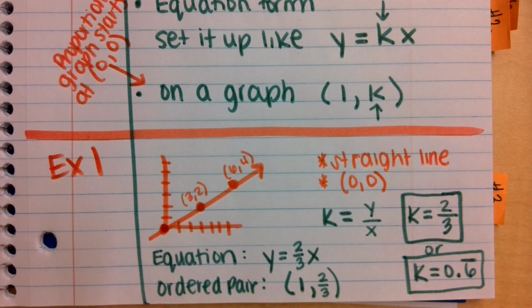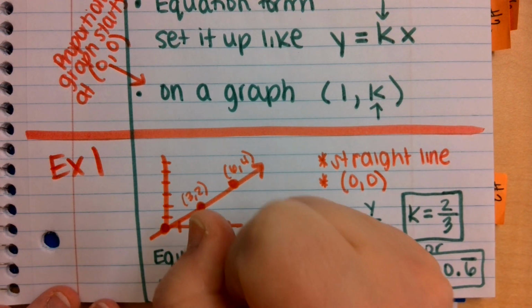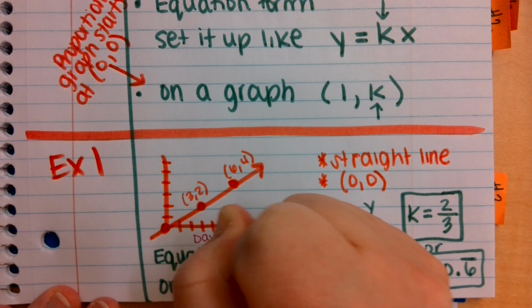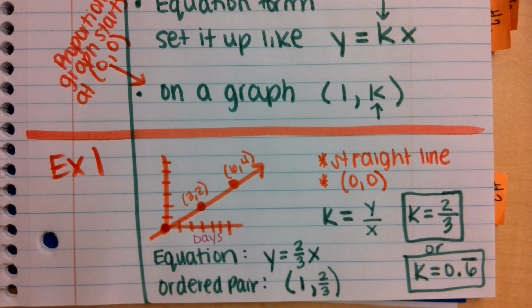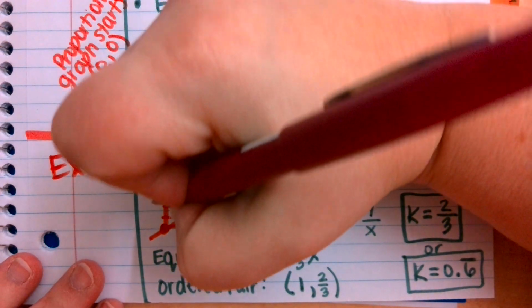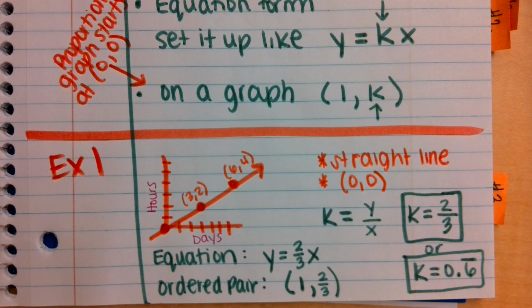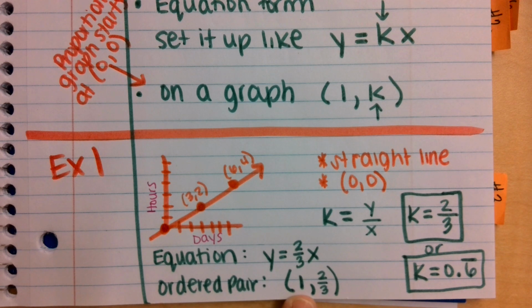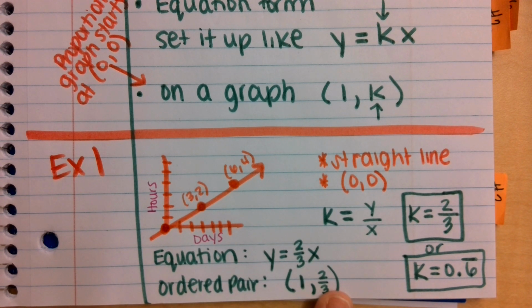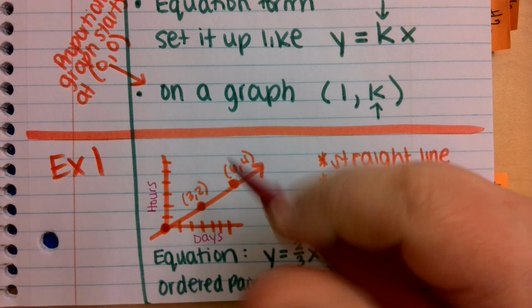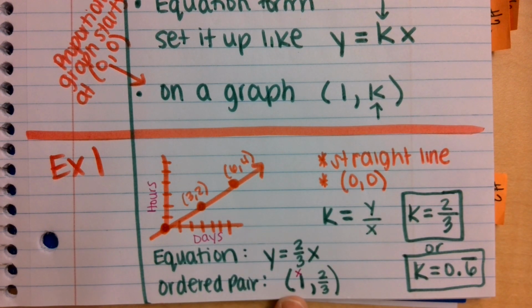Now, let's add to our graph some more. Let's pretend these say days. And over here, it says hours. So what would that mean? If I had 1 and 2/3, that would mean 1 is the x value, so that's the days.